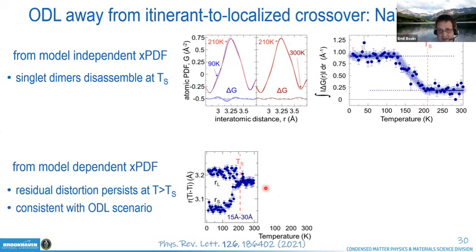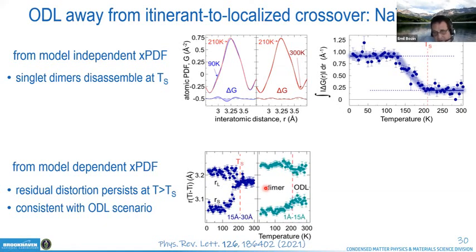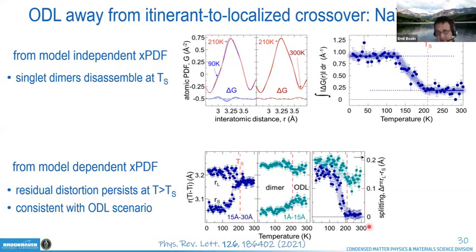If, on the other hand, you do the same thing for a narrower range of data, up to 15 angstroms, you do see that there is some kind of regularization going on at the transition temperature, but that this distortion actually does not completely go away. It actually gets reduced. This is much better seen if you look at the splitting of these distances shown here.